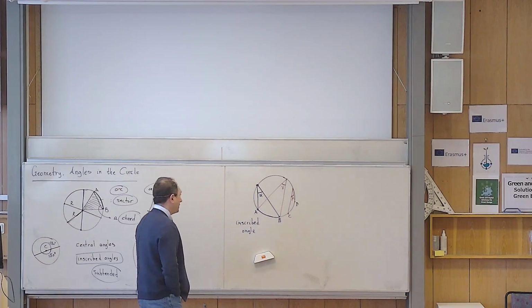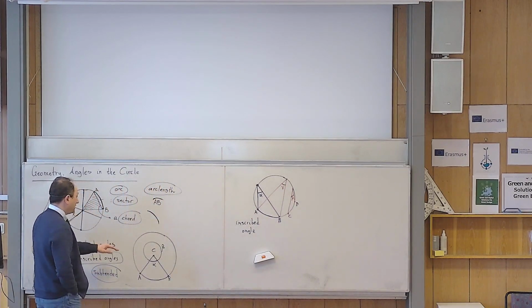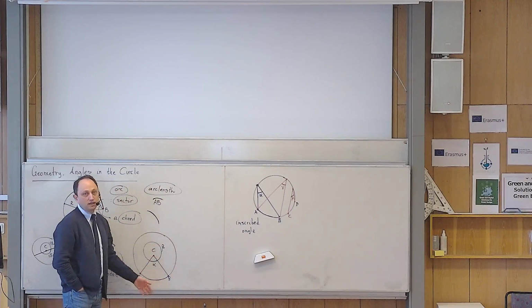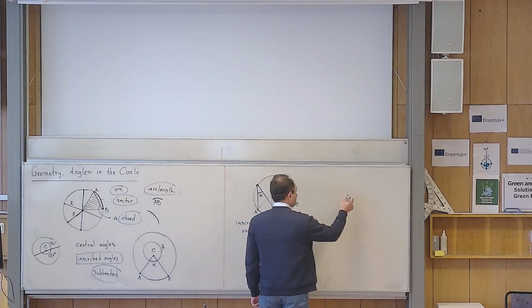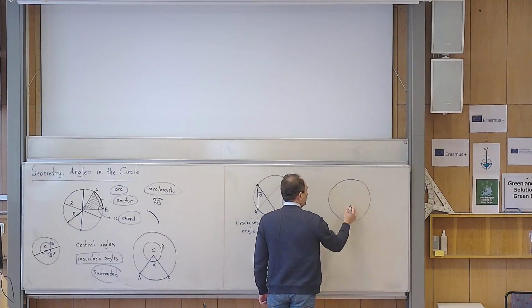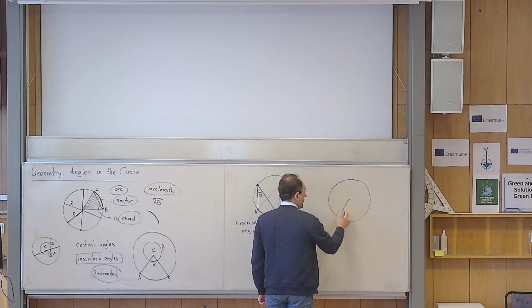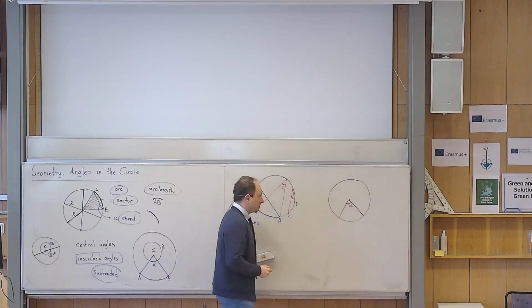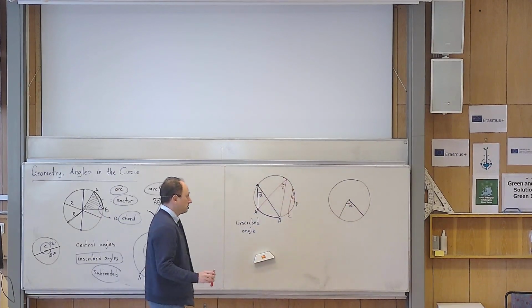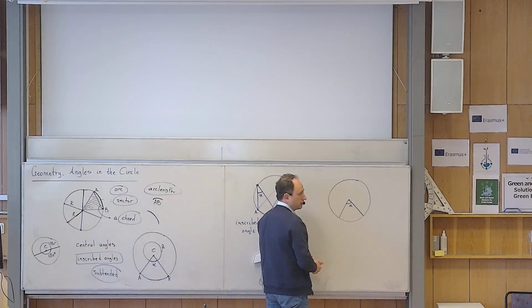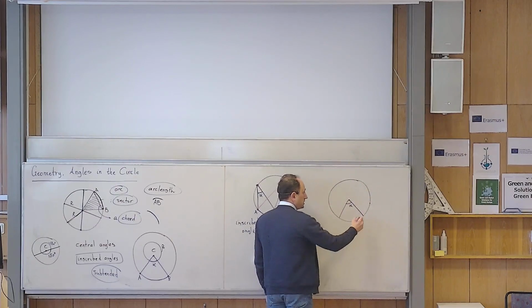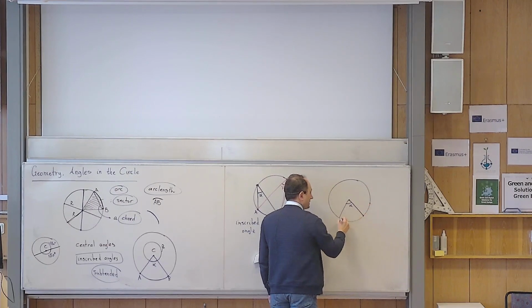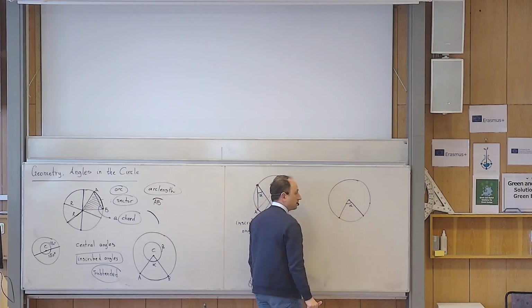Another interesting property is a relation between a central angle and an inscribed angle. There is also a very nice relation between them, and we want to prove these two. For example, if I give you a central angle, any angle that you like, let me call it alpha, and then I draw an inscribed angle, but not any random one. The vertex can be anywhere, but I demand that it subtends the same arc as the central angle subtends.